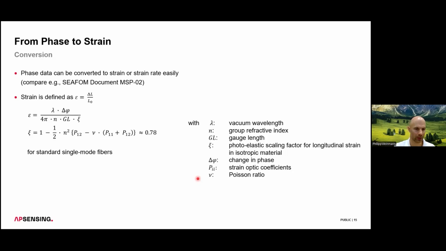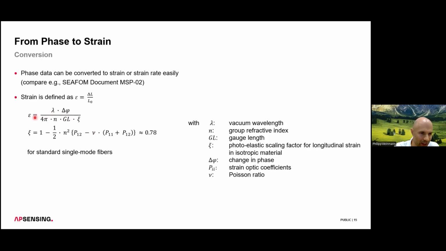There is also a publicly available document from the SEAFOM organization, which also gives the formula for converting phase data into strain. Strain itself is defined as the ratio of the length change divided by the original length. If you want to measure this length change with the DAS, then you need to use the second equation.